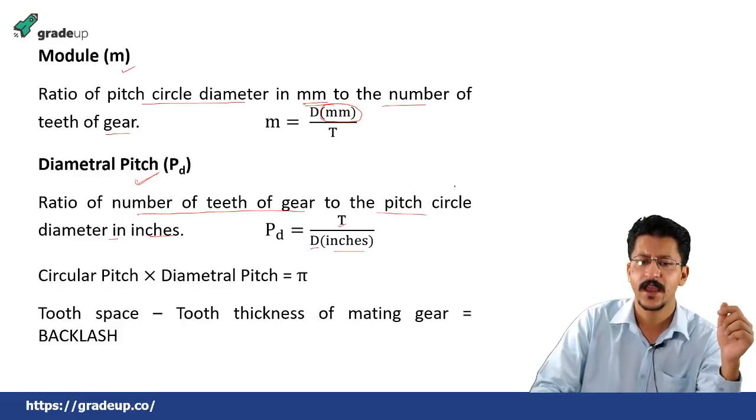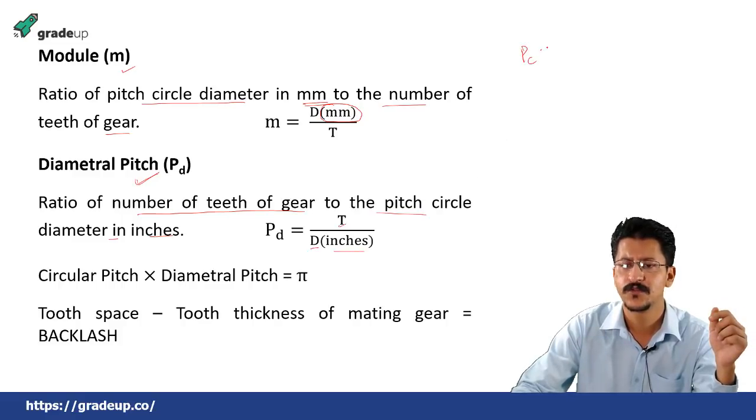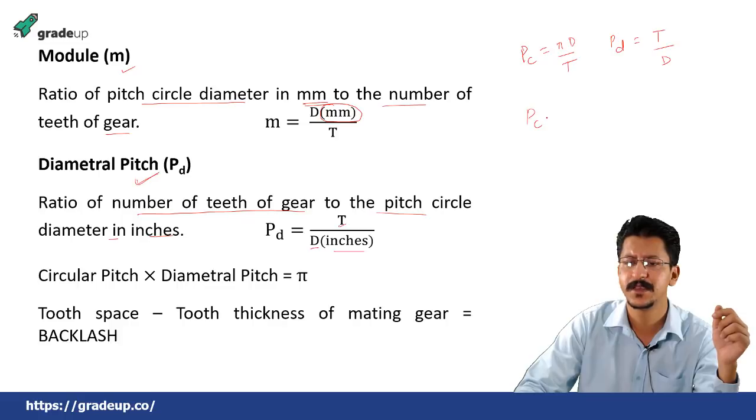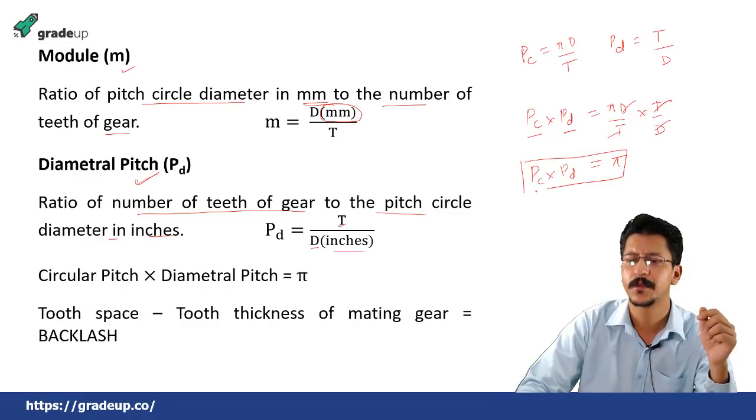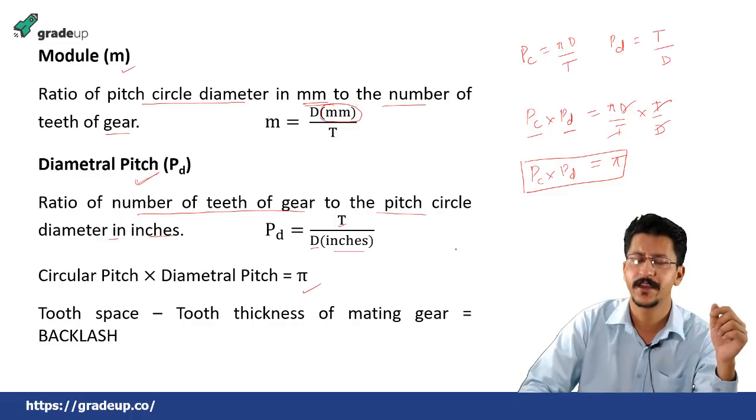You see that circular pitch was pi d by t and diametral pitch is t by d. So if you multiply these two, that is Pc into Pd, you will get pi d by t into t by d. So this gets cancelled, and we are left with circular pitch into diametral pitch equal to pi. This I have written here.